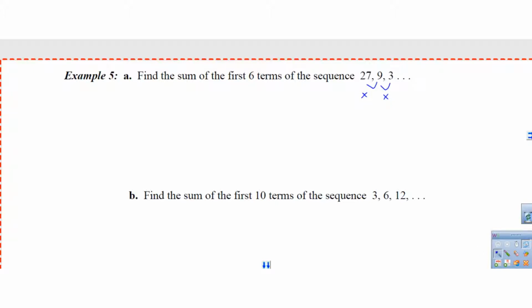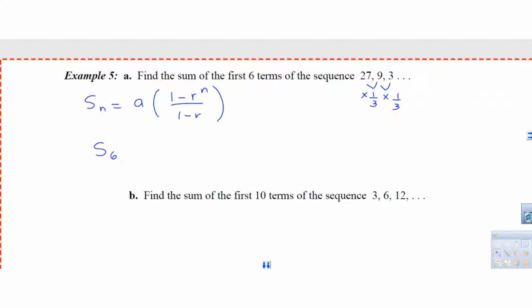So 27 divided by 3 is 9. 9 divided by 3 is 3. So dividing by 3 is the same thing as multiplying by a third. Find the sum of the first 6 terms. So everybody go, S of n is equal to a, 1 minus r to the n over 1 minus r. There's my formula. So the sum of the first, how many terms, everybody? 6.